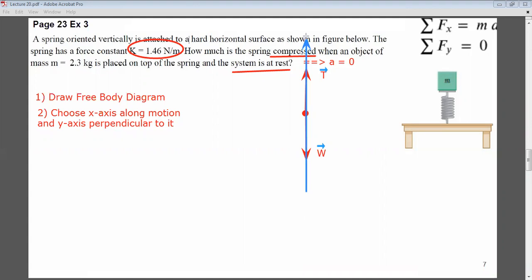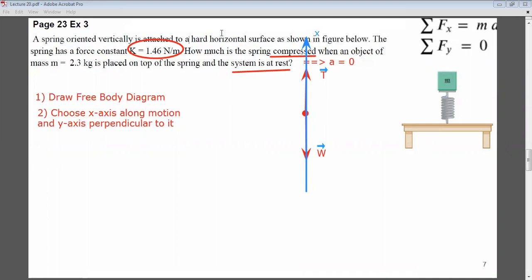It's moving upward because it is compressed. Here the object is compressing the spring and it's at rest. But if it's moving, the spring will be pushing it upward. So I will choose the x-axis to be upward. To be honest, it doesn't matter if I choose it upward or downward because the object is at rest. So it doesn't really matter.